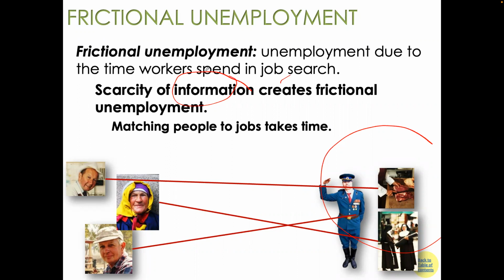So this is a scarcity of information. But can we just completely get rid of this scarcity of information? No, scarcity is the starting point of the discussion, right? There's always a scarcity of everything. Otherwise, there's no economics. Okay?